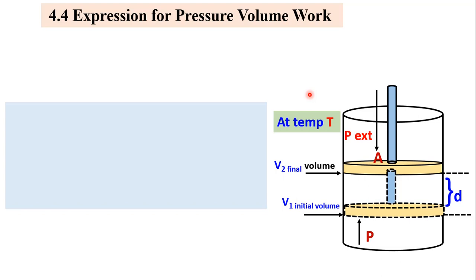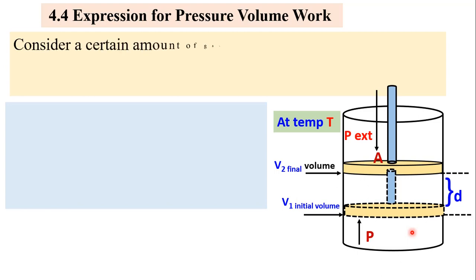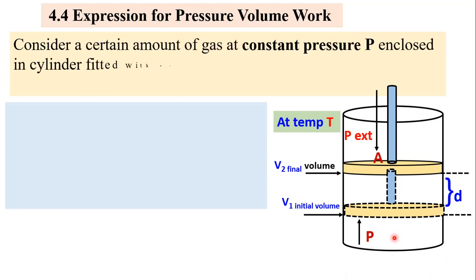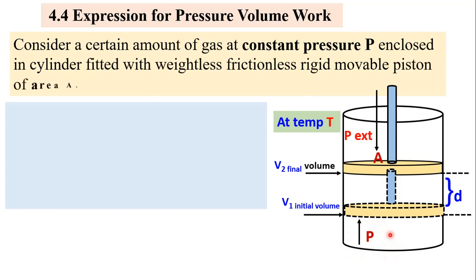Consider a cylinder which is fitted with a piston. This piston is a movable, weightless, frictionless piston, and the area of the piston is A. A certain amount of gas is enclosed in this cylinder at constant pressure P and temperature T, and initially the volume of the gas is V1.